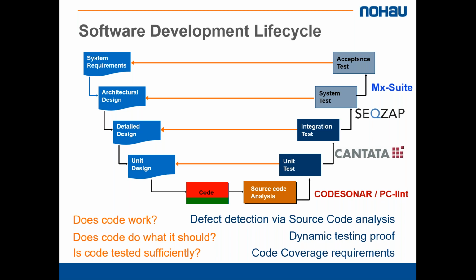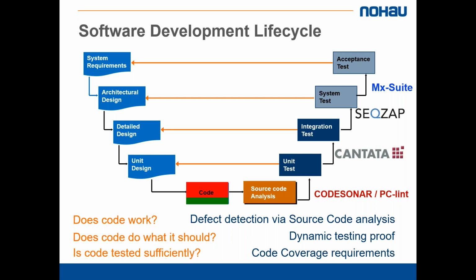But the biggest problem with testing is really to know when to stop testing. When have I tested enough? And with Cantata, we can actually check how well we have tested our units. That's really hard to do. But the metrics we use is to see how much code has been executed by our tests.